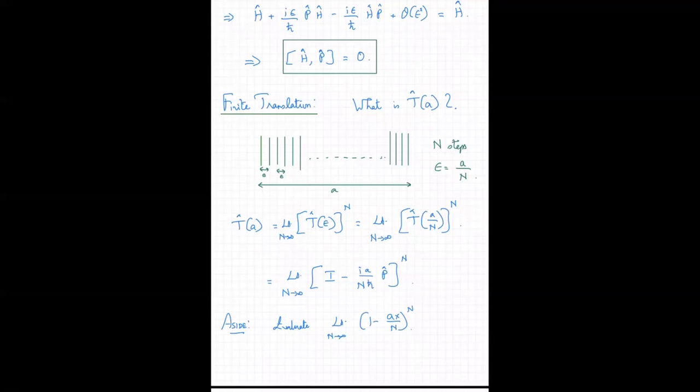So as long as you're not talking about a discrete transformation, for any continuous transformation, this is a legitimate approach. You just take an infinitesimally small transformation and do it many times till you achieve your goal.